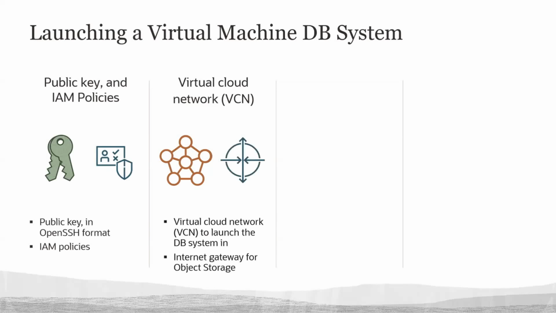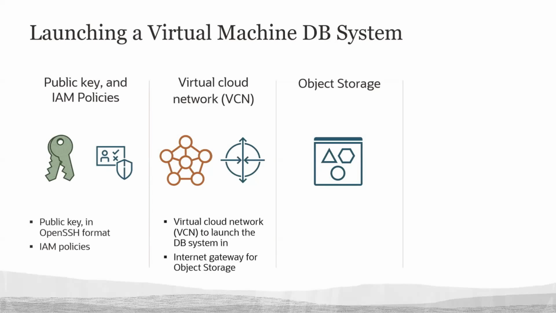In addition to the virtual cloud network, if you are using storage, think of your object storage, you might need to address gateways. That brings me to storage. One of the options of where to create storage for your database system would be object storage. It's storage in the Oracle Cloud.